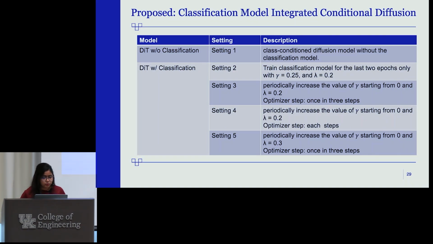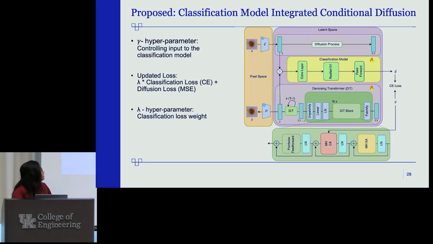And in setting 3, we start with a gamma value of 0 and periodically increase it. Gamma 0 means it will always take input from the real data embedding, and when the value increases, based on the value of gamma, it will randomly also take the input embedding from the generated image.